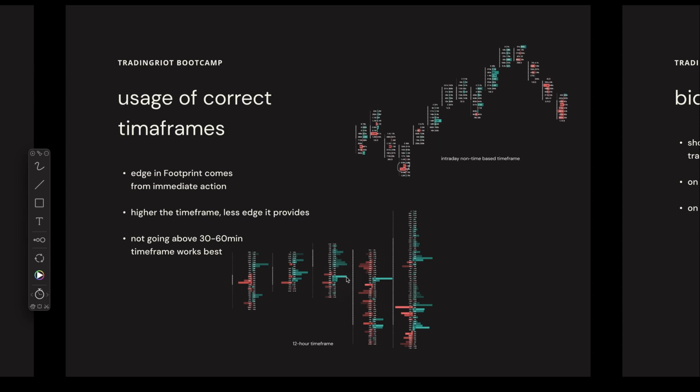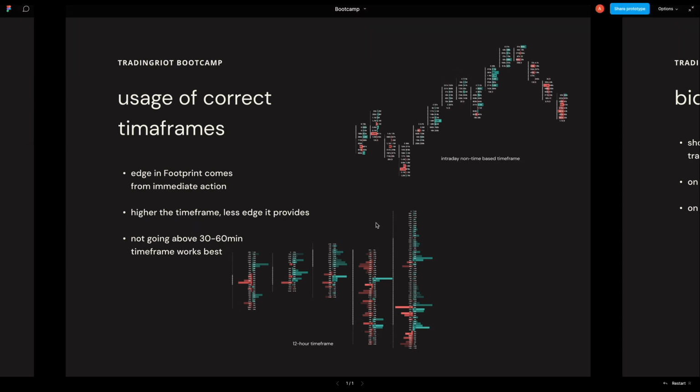But on a 12-hour chart, these things get lost. Obviously, we have some high peaks in buying or selling, but in most cases, they are more equal ones. So the footprint chart really is a short-term tool. Above 30 to 60 minutes, there is no point using that.